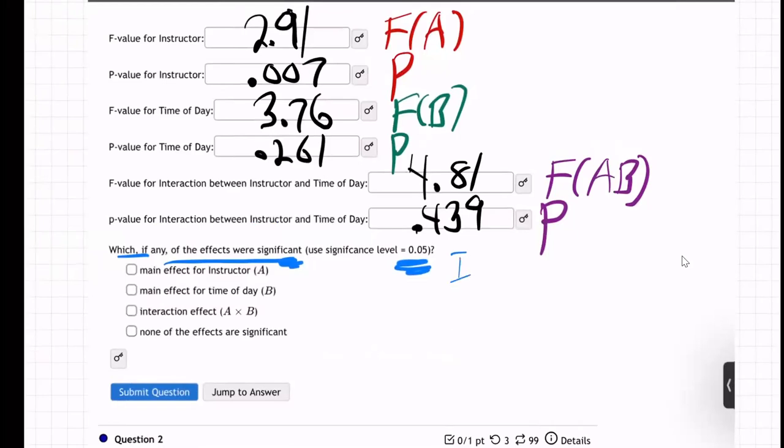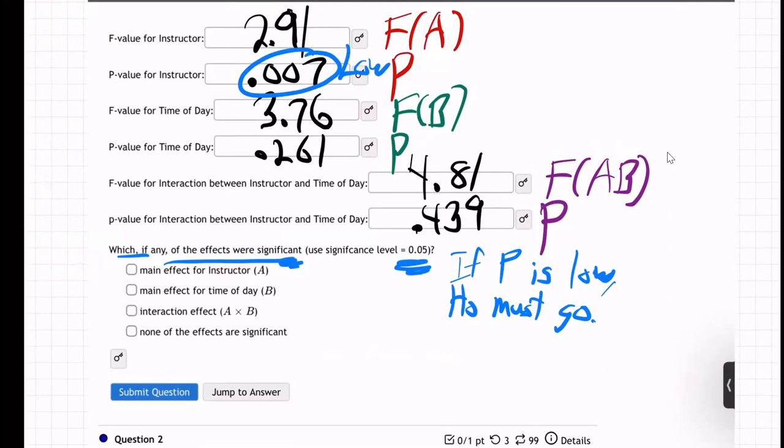If the P is low, the H0 must go. Specifically, it's significant, right? If the P is low, that means there's a low chance of luck, the results are significant. So which of these had a low P-value? Only this one. This one's low, this one's high.